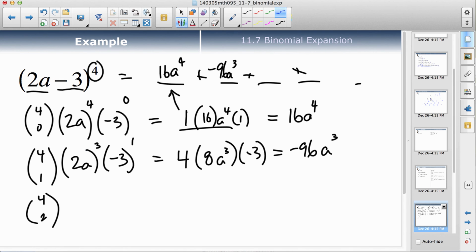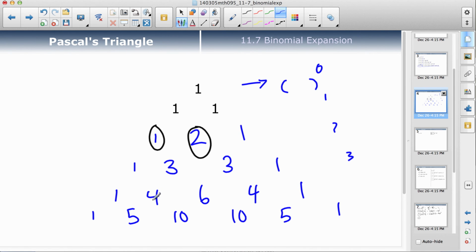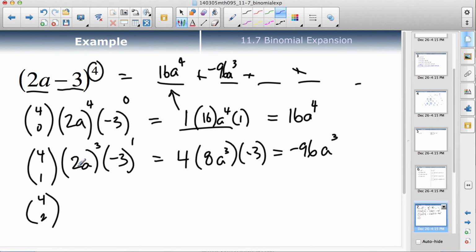So it's 6. I probably could have gotten that from one of these charts over here. 4, and then 6 was my next one. Okay, so 4 choose 2 is 6.